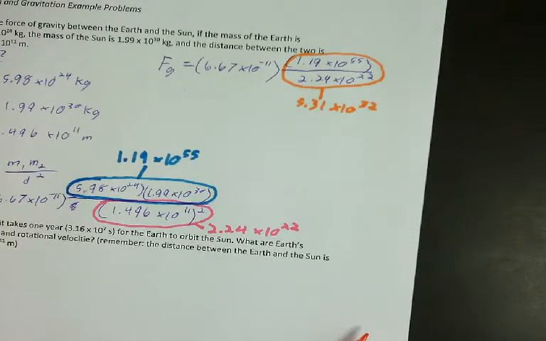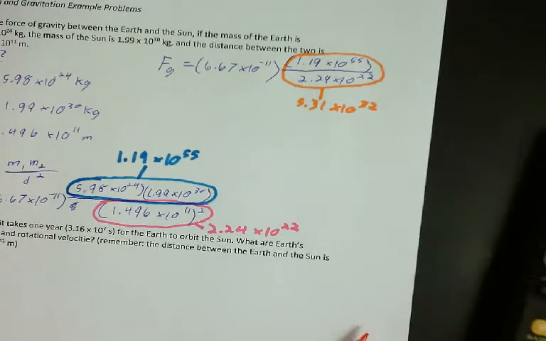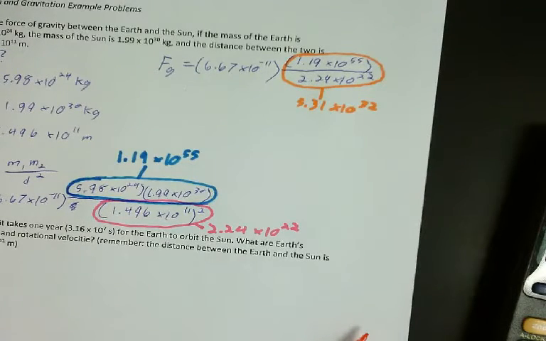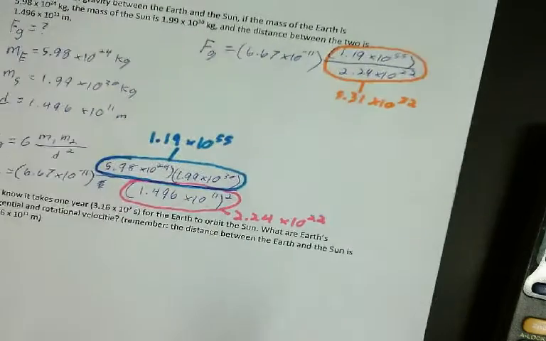Uh, 5.32 times 10 to the 32nd. So it should be pretty close. Again, if you're having trouble, I'm going to come around again here in a little bit and help you out.